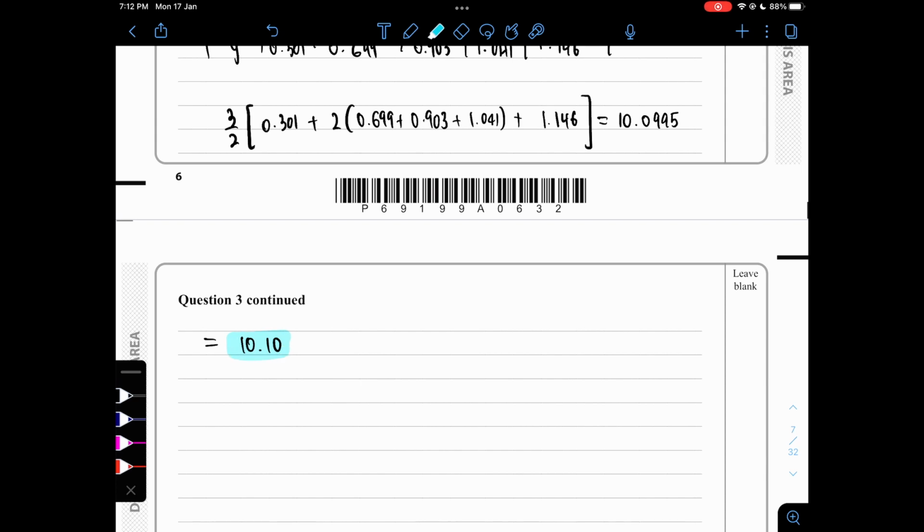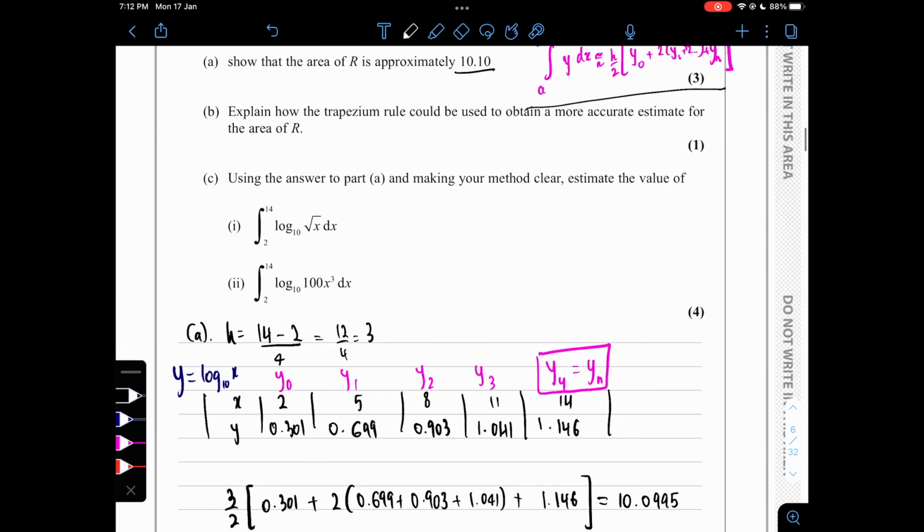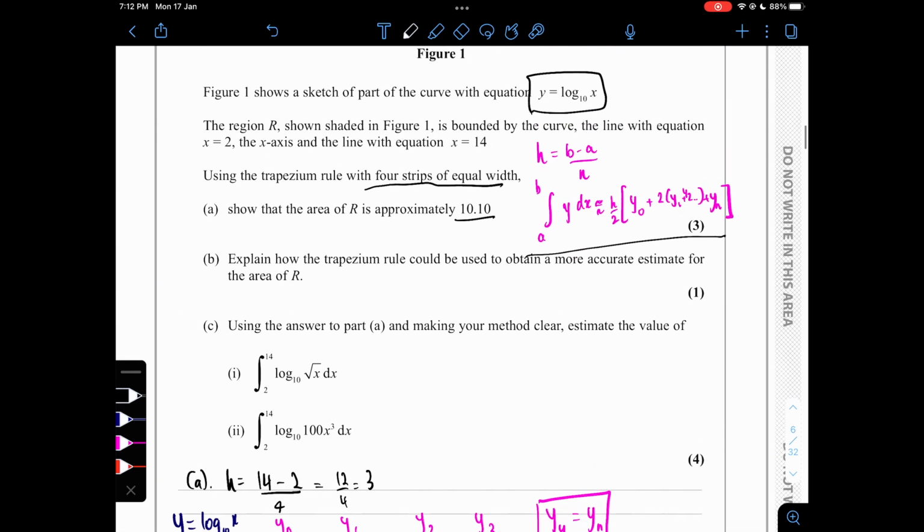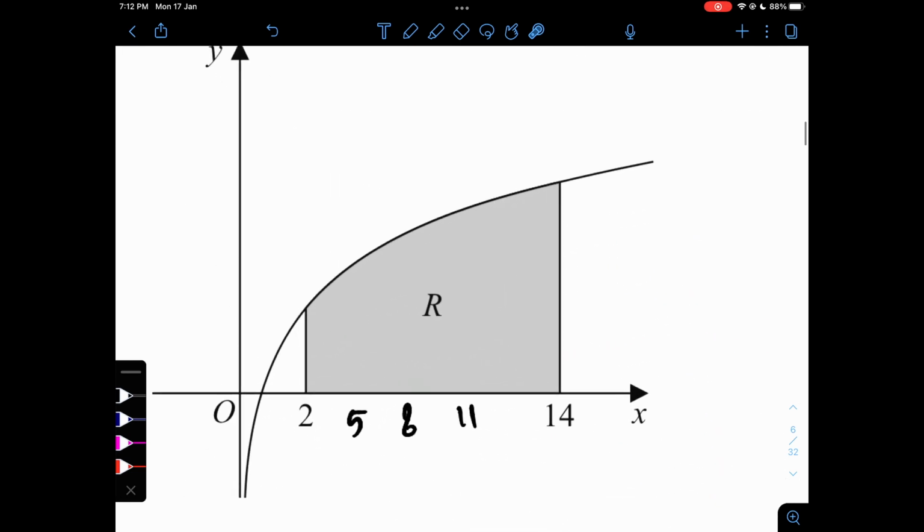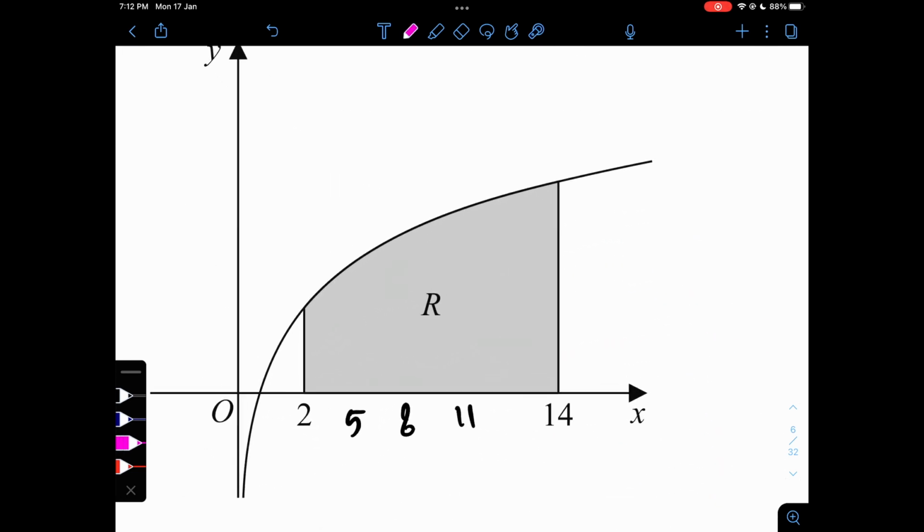Okay, so what's the next part? Part B says, explain how the trapezium rule could be used to obtain a more accurate estimate for the area. So if you imagine this, let me just draw a line.